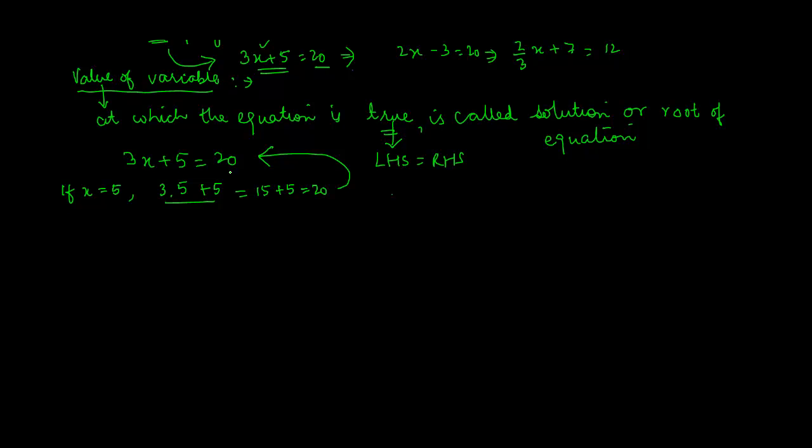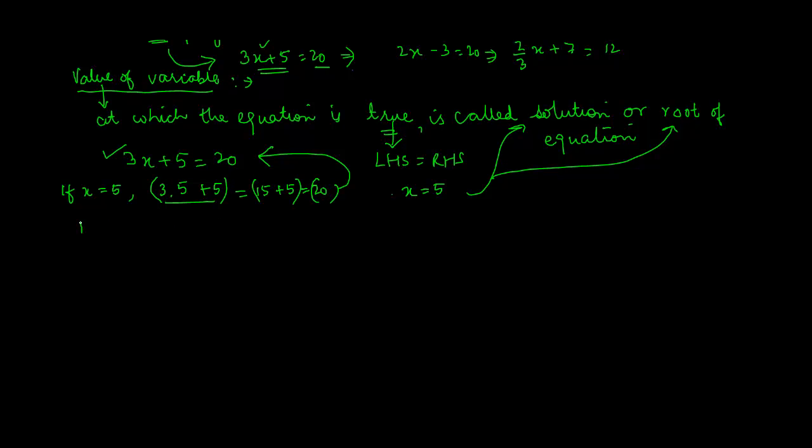So in this case, if x is equal to 5, then the equation holds true. Okay, and hence x is equal to 5 is a solution or root of the equation 3x plus 5 is equal to 20.